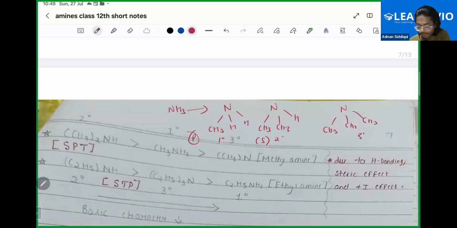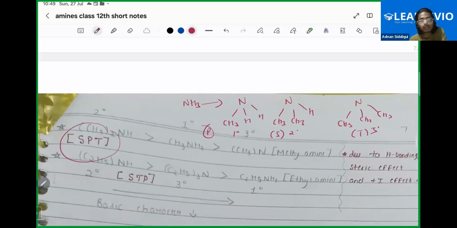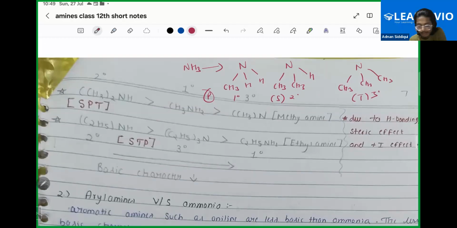So if you have transferred this methylated ammonia into an aqueous solution, the basicity strength is going to follow the order SPT. That means first you place secondary, then primary, then tertiary. This is your basic strength for methylamine.